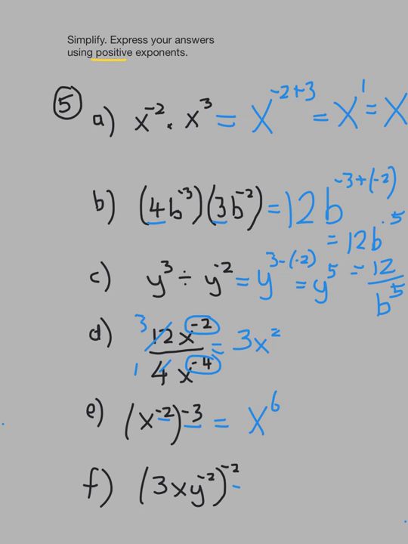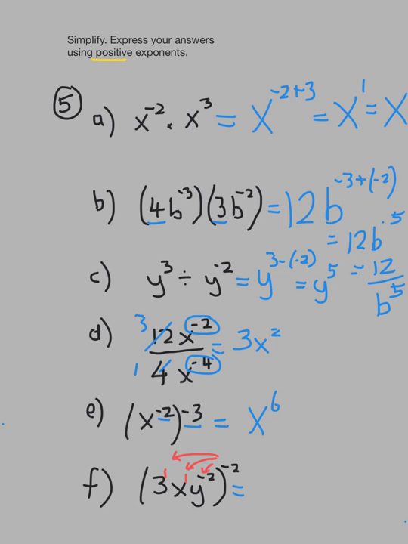The last question is probably the one that causes most problems, and we'll see why now, because on this 3 here we've got an imaginary 1, and on the x we've got an invisible 1. Now negative 2 is going to multiply by each one of these exponents in turn.